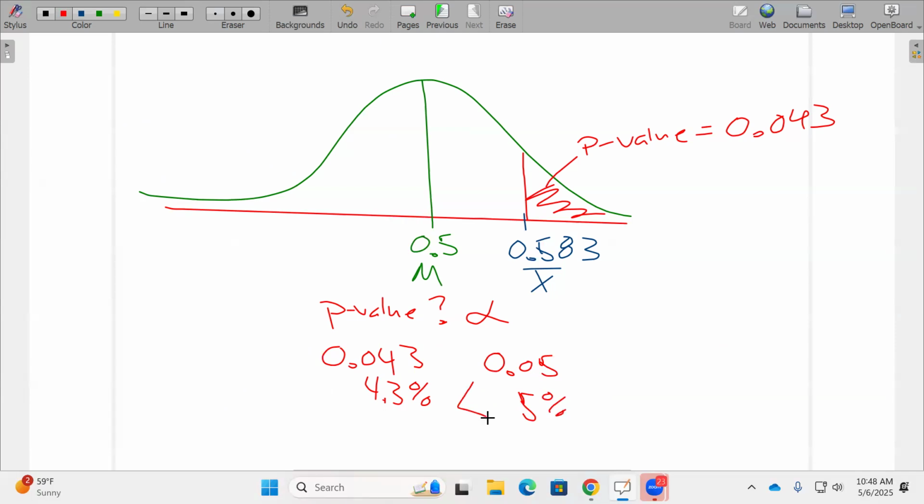And the p-value is smaller. If the p-value is smaller, then the decision is reject the null. If you reject the null, then your conclusion means the evidence supports the alternative.